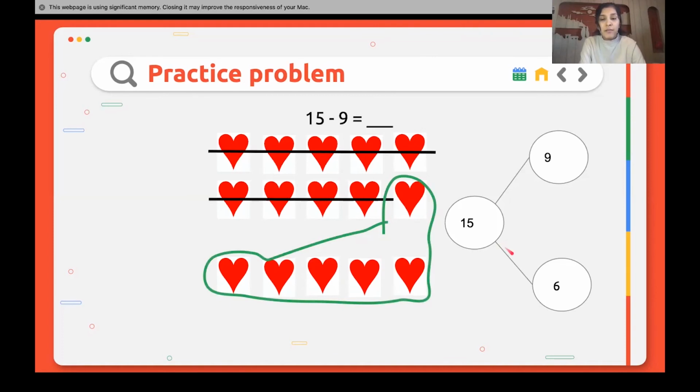So the number would be 6 because the ones that are circled are 6 hearts, and the ones that are crossed out are 9 hearts. So 9 plus 6 equals 15. And 15 minus 9 equals 6. Remember how we talked about that when we were doing our subtraction with intent?